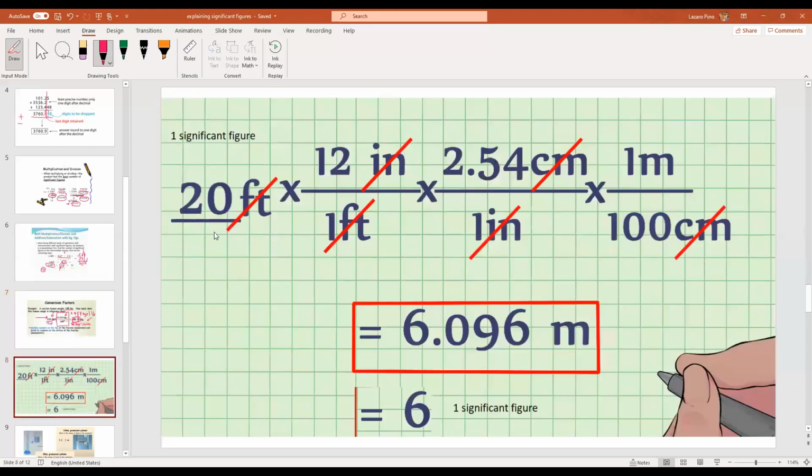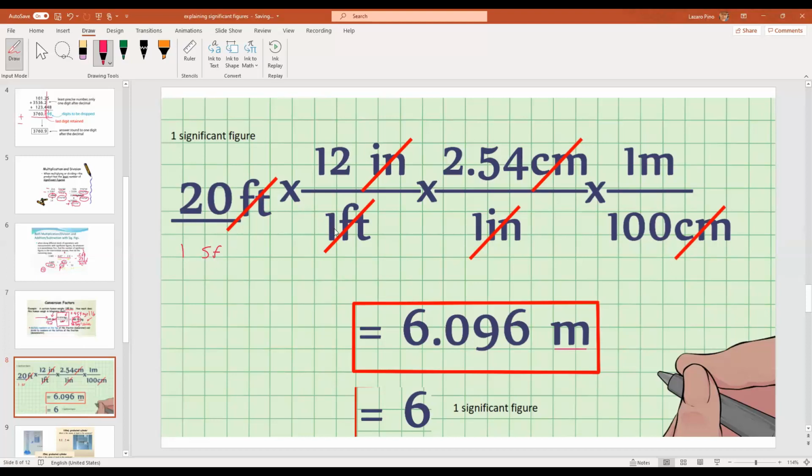Look at this. Here, I want you to go from 20 feet to meters. So you say, first of all, how many significant figures do I have here in 20 feet? Oh, this is a trailing zero. There is no decimal point, and I have only one significant figure.